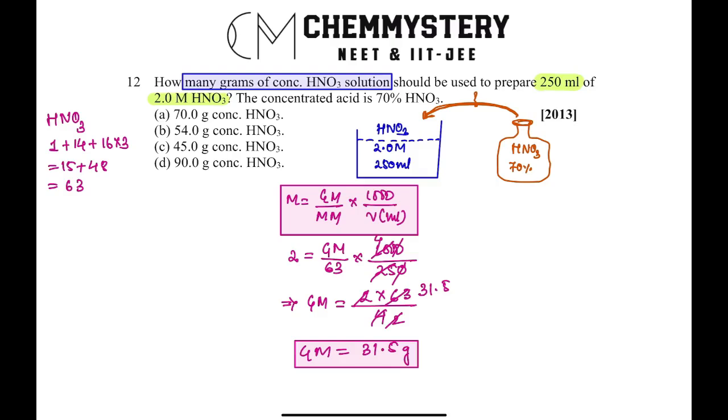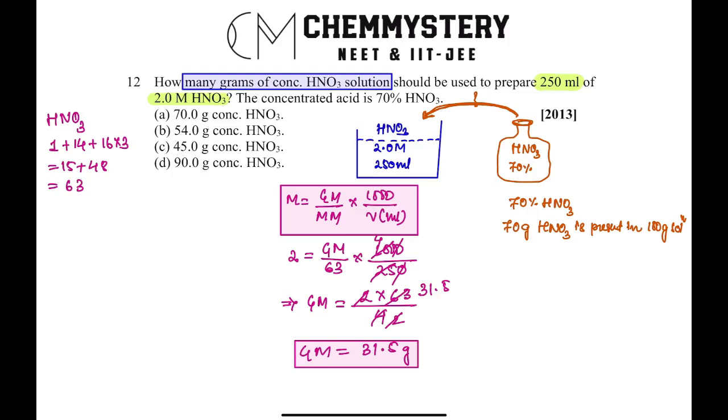Done. Now from the stock solution, let's try to calculate. 70% HNO3 means 70 gram HNO3 is present in 100 gram of solution, right?